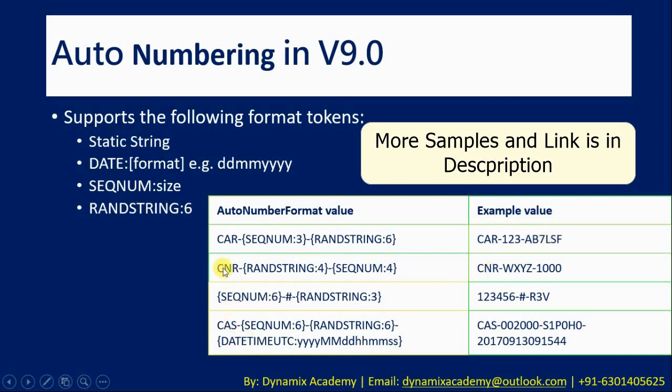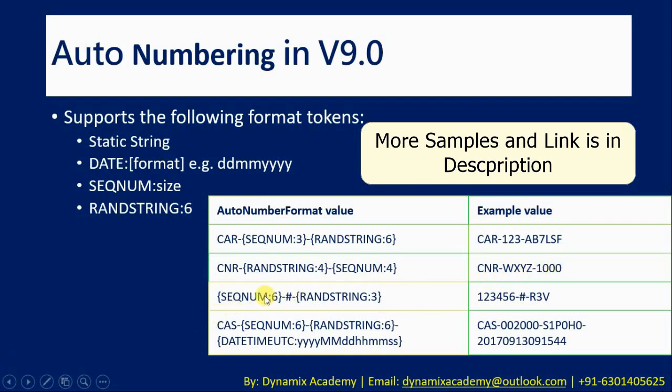Let us now see another example. Here the first part is a static string, then hyphen, then a random string of 4 characters, and then a sequential number of 4 digits. Here you can see an example, CNR hyphen any random string of 4 characters and then a sequential number of 4 digits.